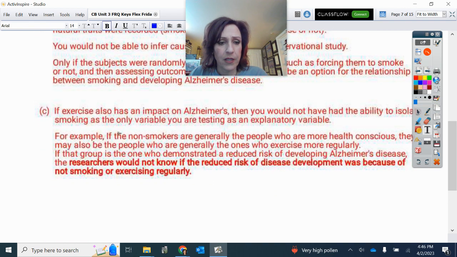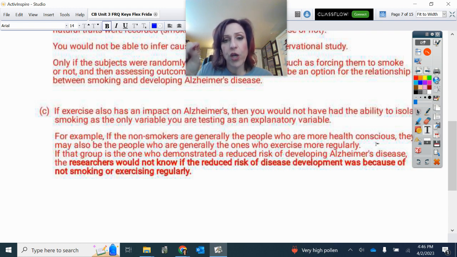For example, if the non-smokers are generally the people who are more health conscious, they may also be the people who are generally the ones who exercise more regularly. Ding, ding, ding. That got me the E because I connected a certain propensity of one explanatory variable to go with a certain propensity in the other explanatory one.